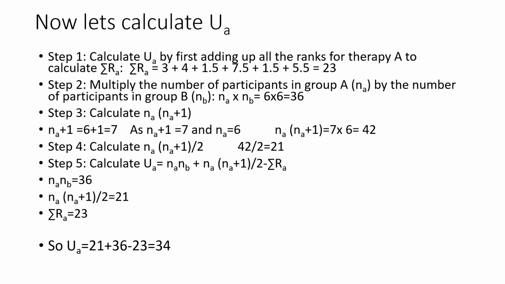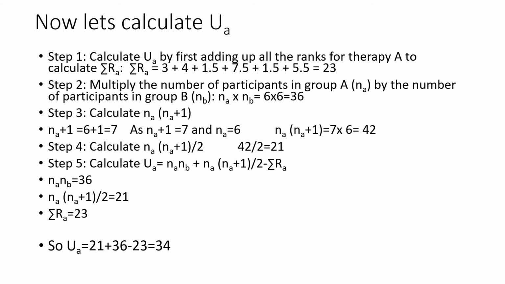In step 4, we need to calculate NA times NA plus 1 divided by 2. So that's going to be 42 divided by 2 equals 21. Step 5, we calculate UA equals NA times NB plus NA times NA plus 1 divided by 2 minus sigma RA.